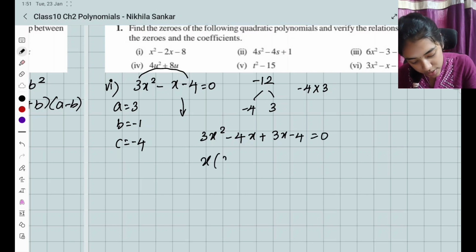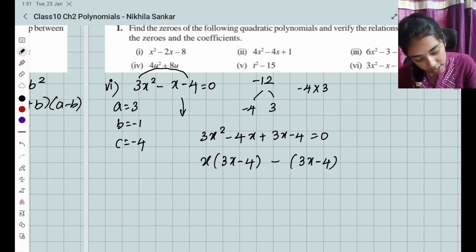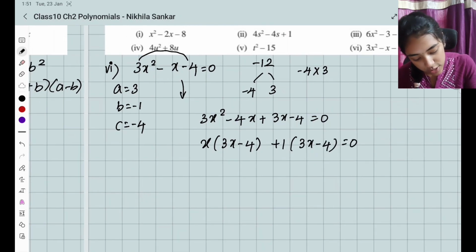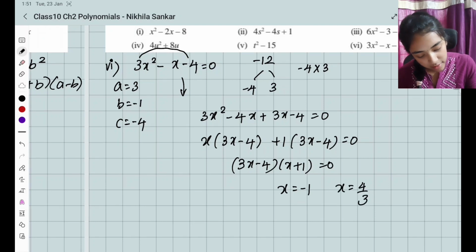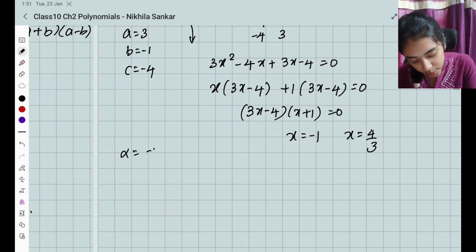So I can take x outside. I have 3x minus 4. In 3x minus 4 I'll have plus 1 equals 0. So from this we have 3x minus 4 into x plus 1 equals 0. So x equals minus 1 and x equals 4 divided by 3. So we have alpha equals minus 1 and beta equals 4 divided by 3.